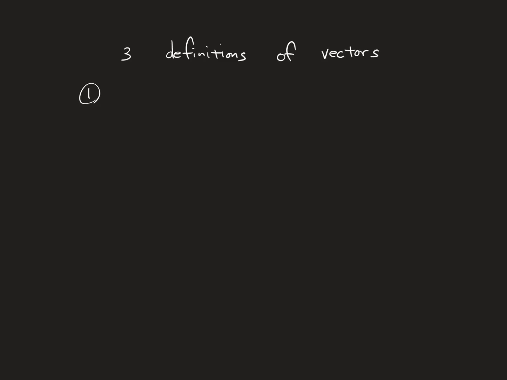When you talk about vectors, a vector is something that has magnitude and direction. So maybe you heard this definition in any high school physics course.